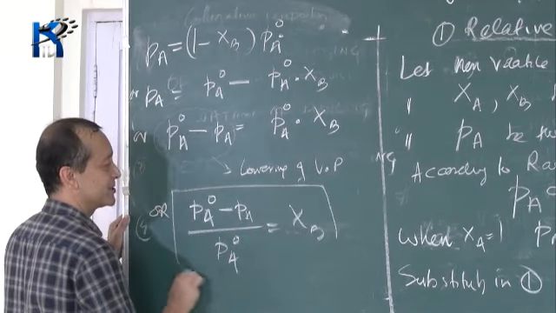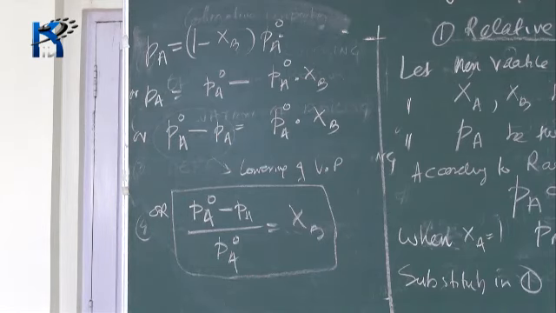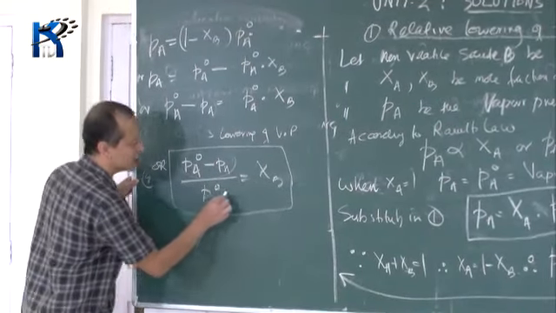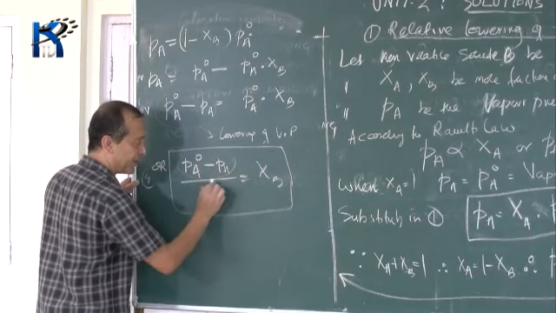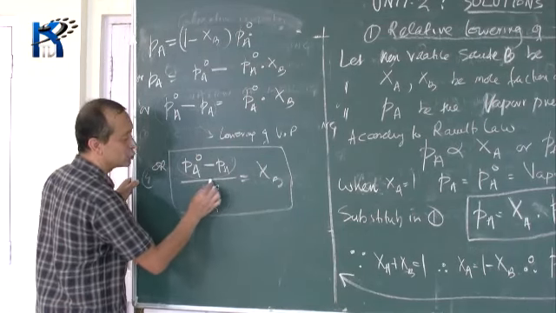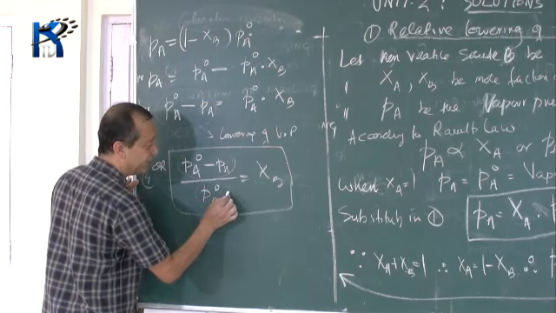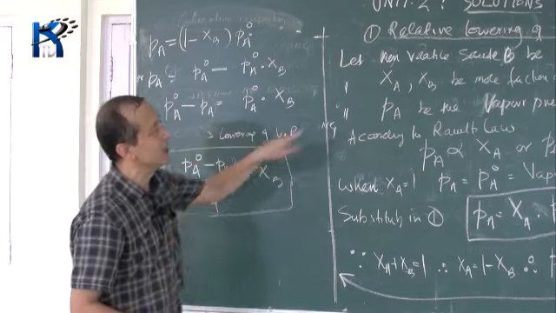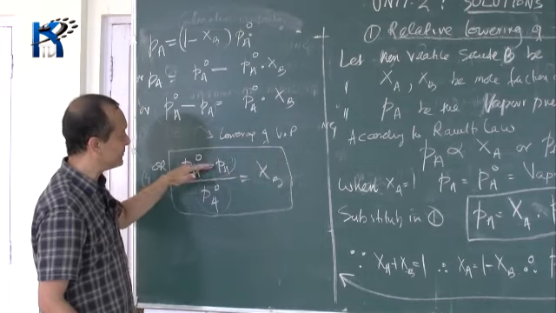See this expression. The numerator is the lowering of vapor pressure, and the denominator is the vapor pressure of pure solvent. So this whole expression is known as relative lowering, that's why the term relative: lowering divided by total.